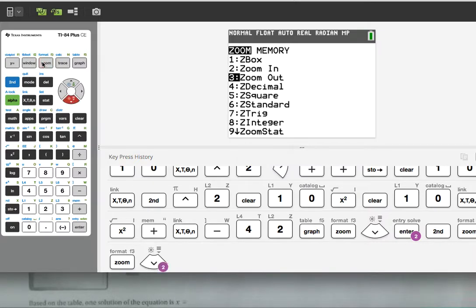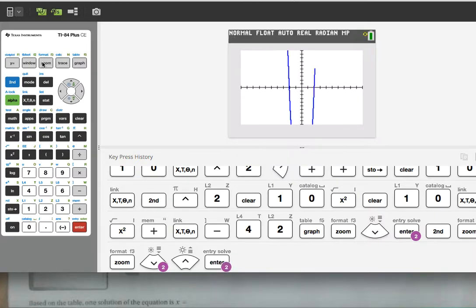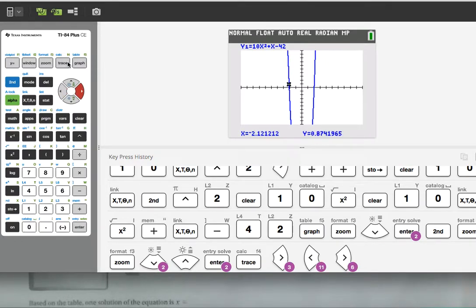If we try to zoom in even more, we're getting a little bit closer now. If we hit trace, we can then try to trace along and see how we can get that outcome of 0. So we see that it's a really close approximation.